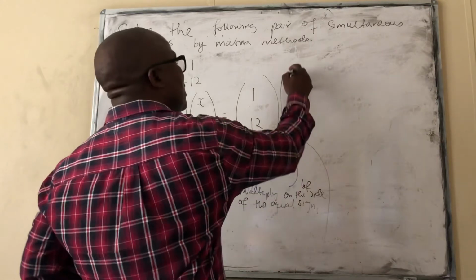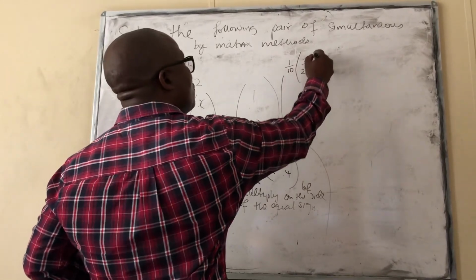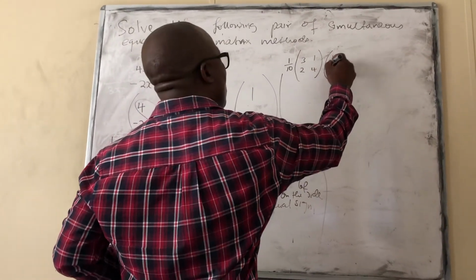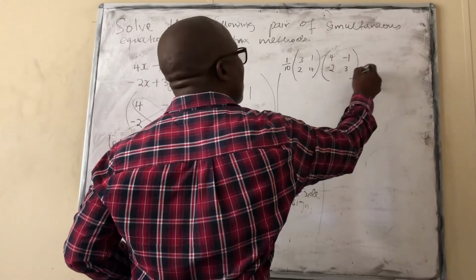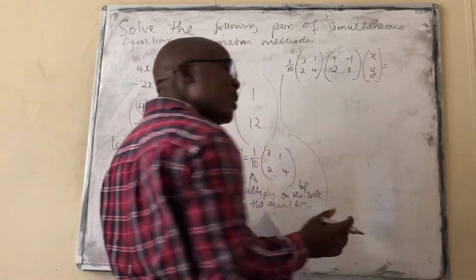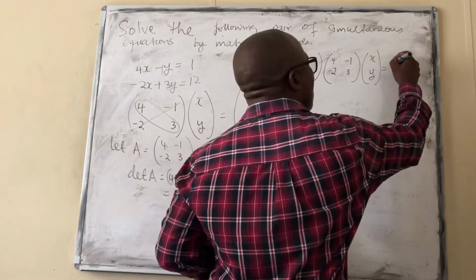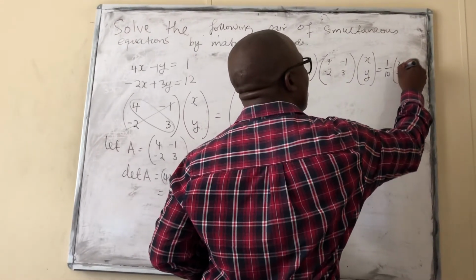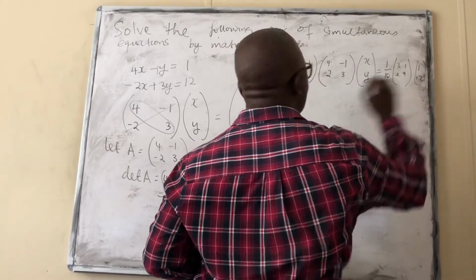That will be 1/10 times 3, 2, 1, 4, and this one here is 4, -2, -1, 3, and then this is x, y equals, on the left side, it should always be on the left side, 1/10 times 3, 2, 1, 4 times 1, 12.